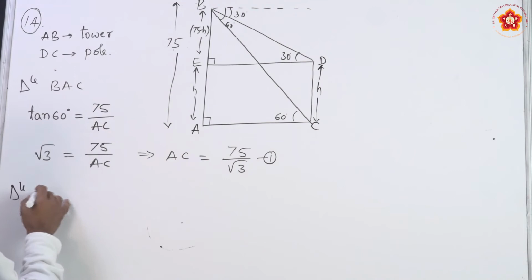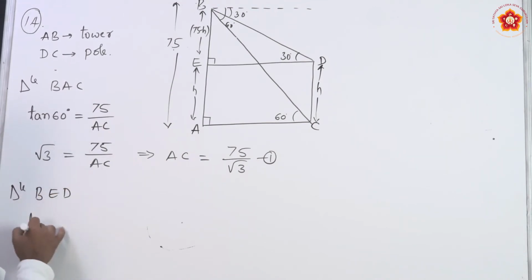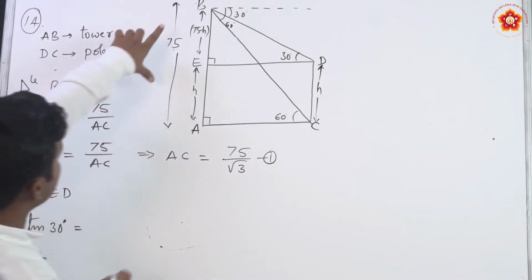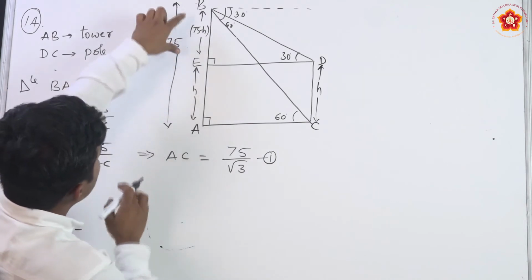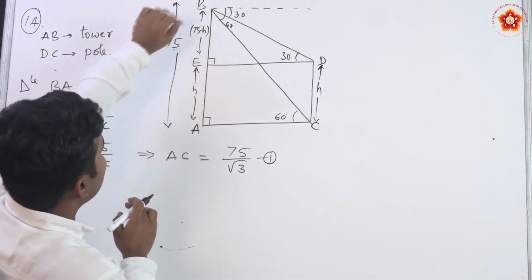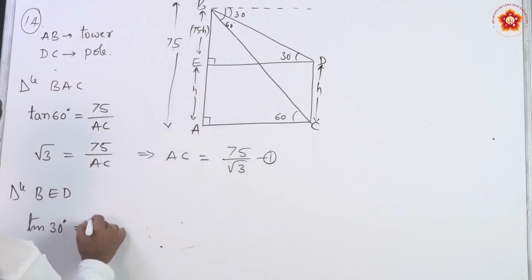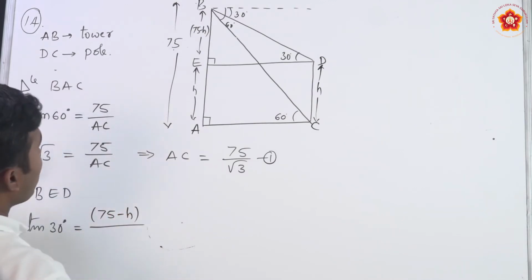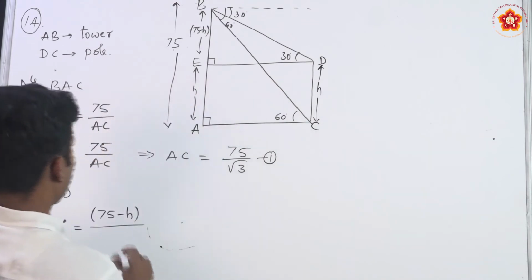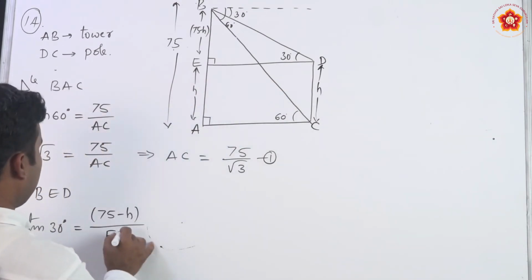and similarly I will define the tan 30 degree from the triangle BED. So, tan 30 degree is equal to, opposite side is, total distance is 75 and this distance is h, then obviously this distance will be 75 minus h. So, the opposite side is 75 minus h divided by the adjacent side, that is ED.